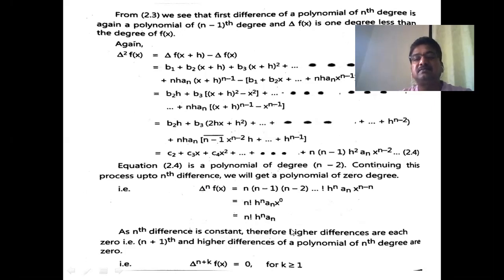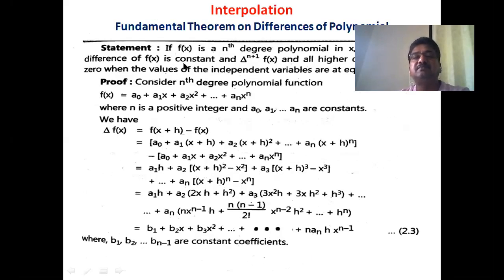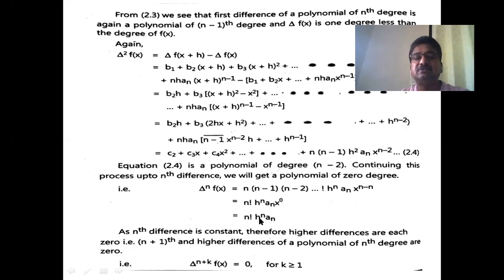That is the first statement. This proves that nth difference of fx is constant. And then we have to show the n plus 1th difference and higher differences are 0. So this is constant, and therefore delta raised to n plus 1 fx is 0, because delta of this is 0.